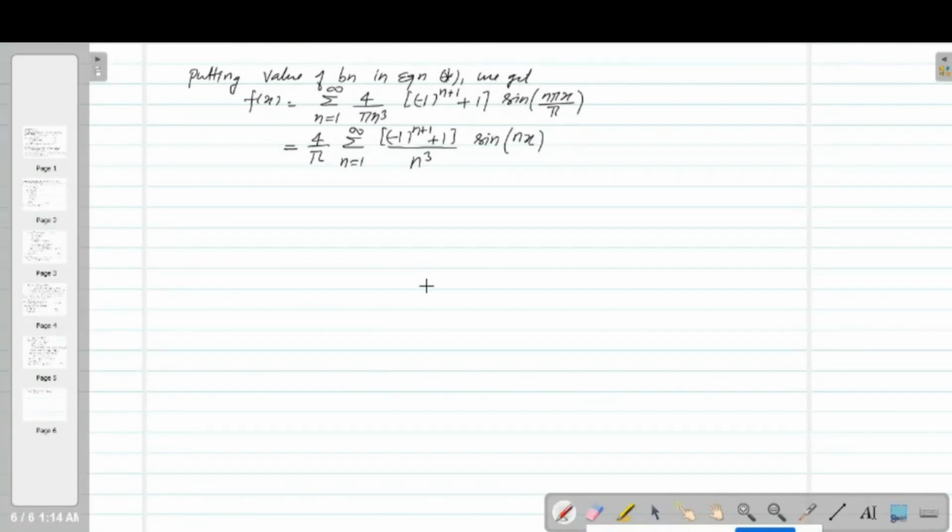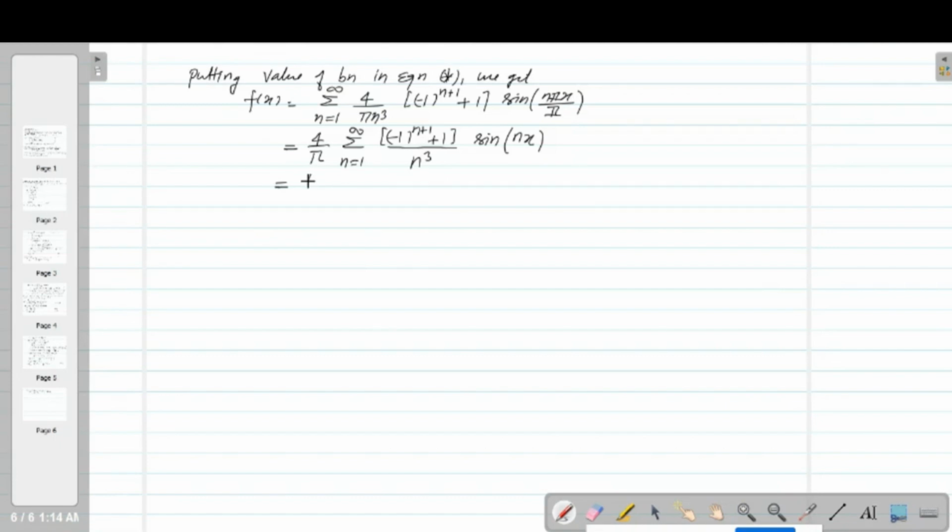Okay, into sine n x. Pi and pi will cancel. Now just expand this series, which is the required half range Fourier sine series.